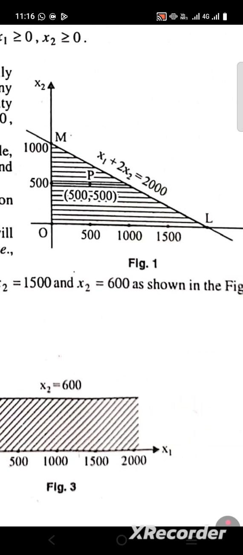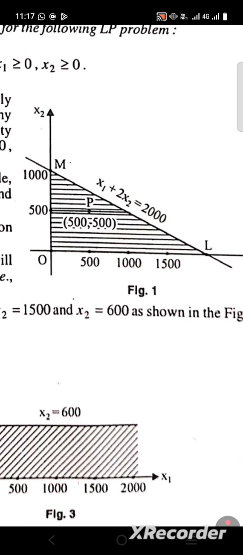First we marked the point L, that is OL equals 2000, and next the point M, OM equals 1000, marked on the line OX2.